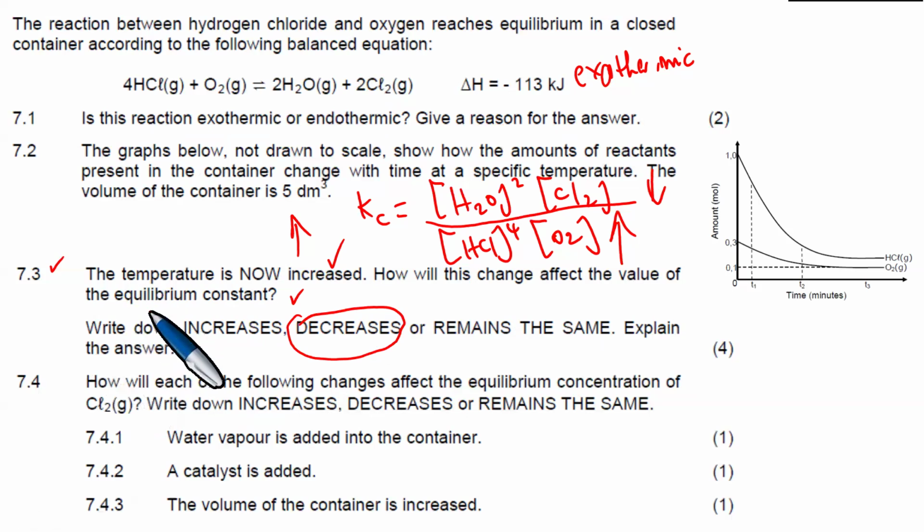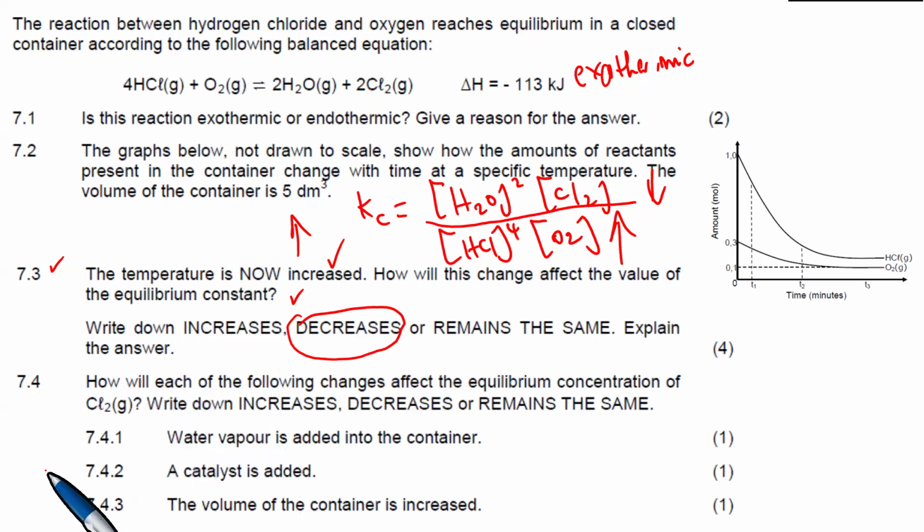So in the end, there's going to be a decrease in K, because the concentrations of the products will decrease. Next question.